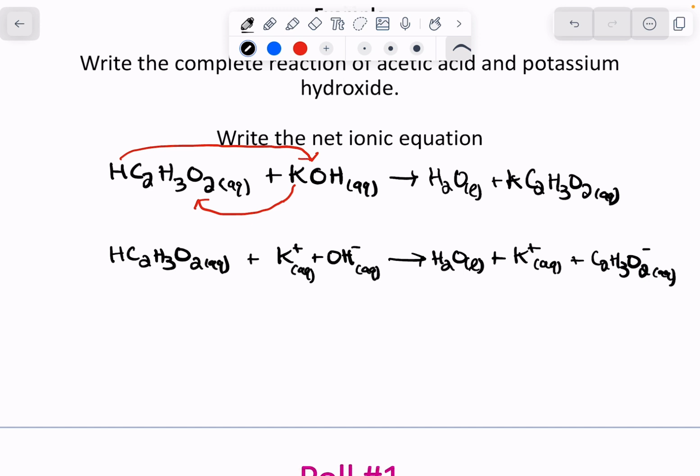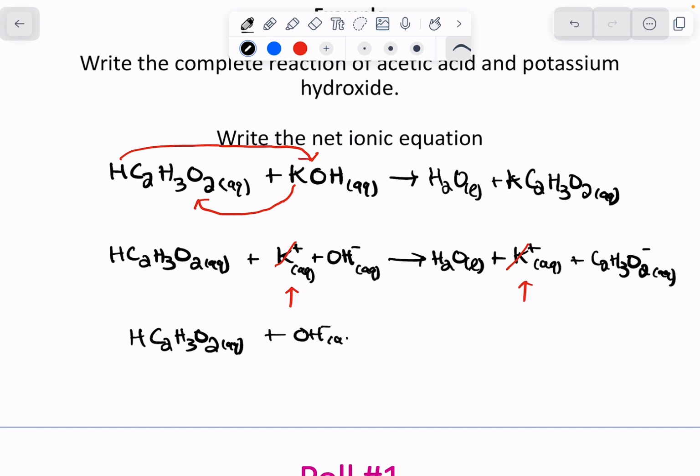And then the last step is to cancel out any spectators. Spectators are going to be species that are on both sides. So this K plus and this K plus are on the reactant side and the product side, and so we're just going to cancel them out. Because it's spectating, it's not really doing anything, and it's not really participating. So the net ionic equation is going to look like this: HC2H3O2 plus OH minus.